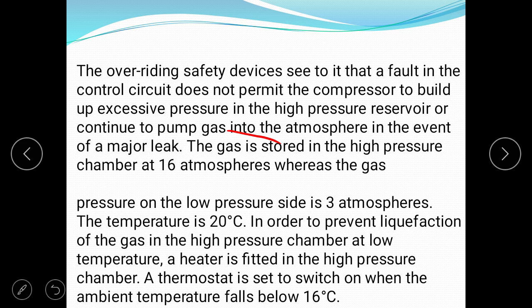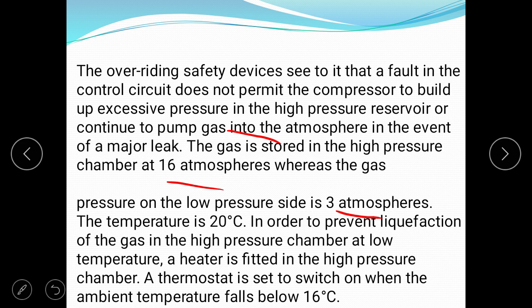The gas is stored in the high pressure chamber at 16 atmospheric pressure, or 16 ATP, whereas the gas pressure on the low pressure side is 3 ATP. The temperature is 20 degrees Celsius.